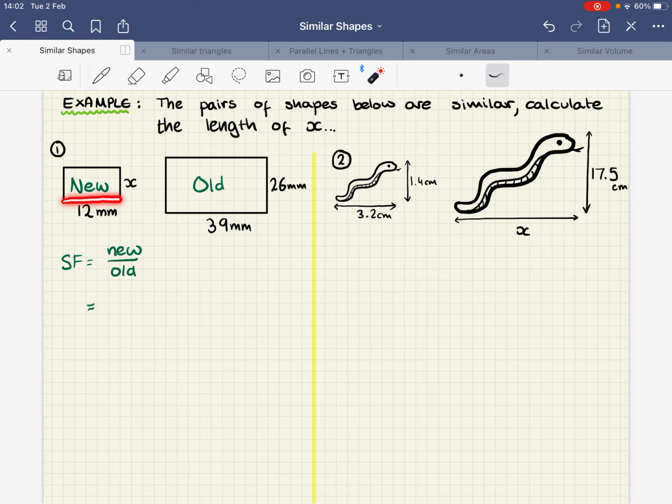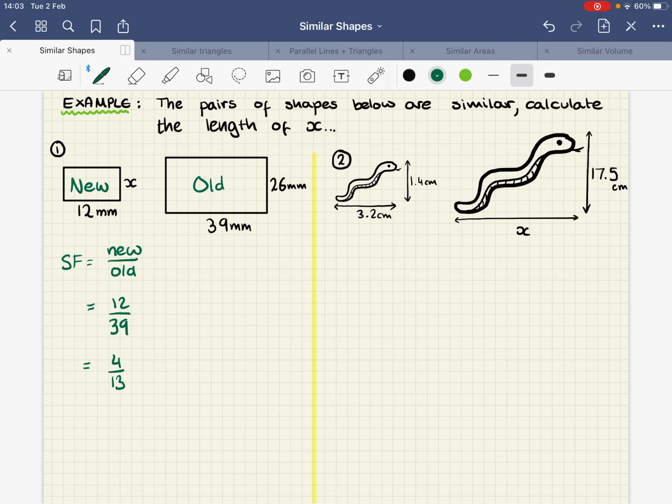And that is going to be this length down here at the bottom, because I know both of my numbers. I can't use these two lengths because one of them is my unknown. So I'm going to use the 12 and the 39. So it's my new length over the old length. And then you always want to simplify it. If you have a calculator, you can just put it directly in. Otherwise, those two there can be divided by 3, which will give you 4 over 13.